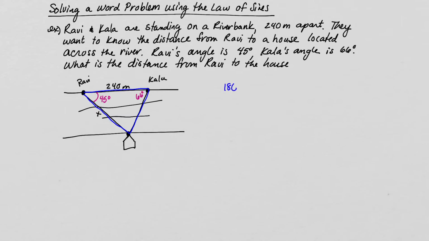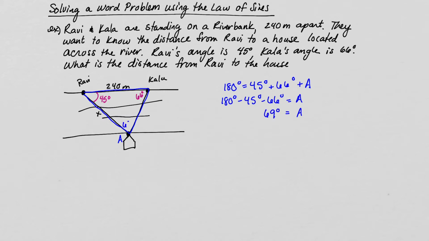So 180 degrees has to equal 45 degrees plus 66 degrees plus, we could call this A, angle A. So 180 minus 45 degrees minus 66 degrees gives us A. So A in this case ends up being 69 degrees.